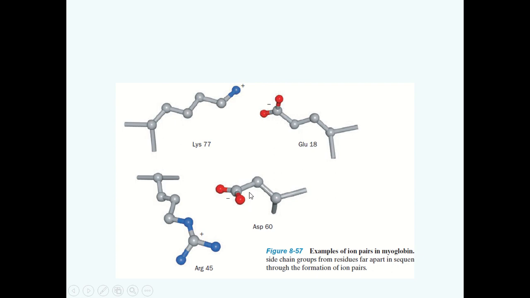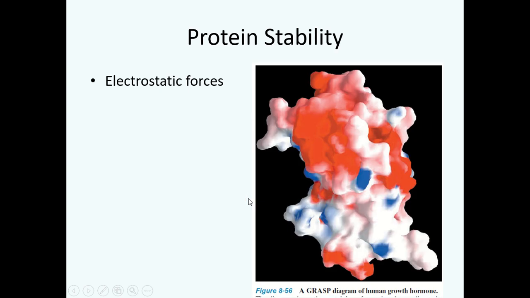Similarly, arginine is positively charged and aspartate is negatively charged. So these oppositely charged regions of the amino acids have electrostatic interactive forces with one another. This is one important type of interaction which is found in proteins. Most of the polar and the charged amino acids are present on the surface of the protein.